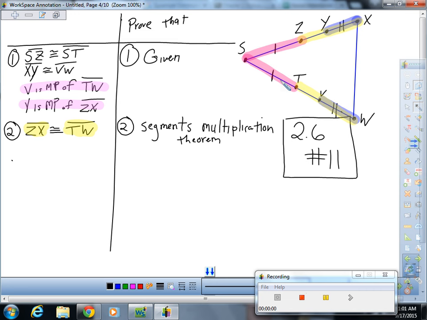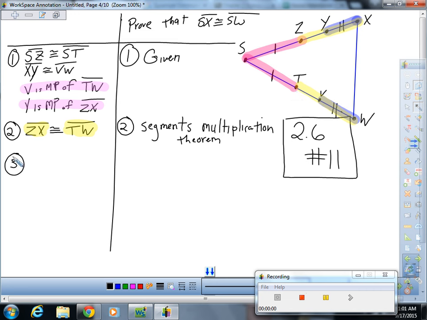We are trying to prove that SX is congruent to SW. So look, we've got this part is congruent to this part. That part is congruent to that part. Do we know that Z or T are midpoints? We do not, so this is not segment multiplication.